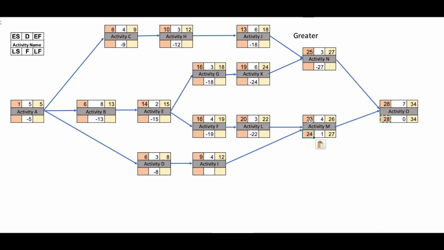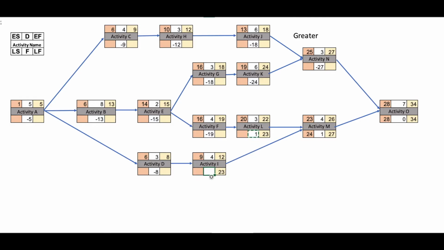So this should be 27 minus 4 plus 1. 27 minus duration, 23 plus 1, 24. So here again 23.